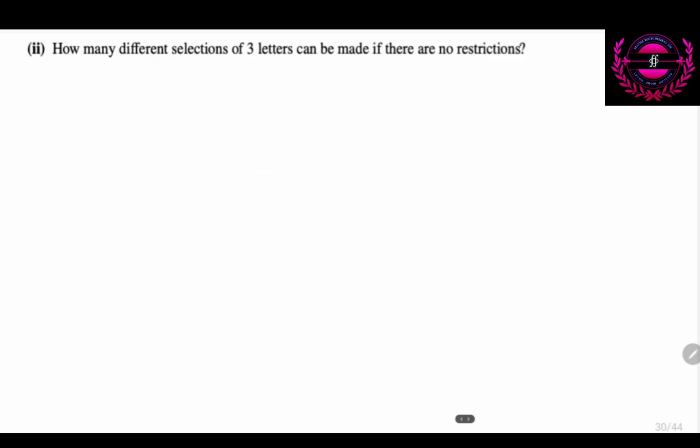Let's move to the next question. How many different selections of 3 letters can be made if there is no restriction? If there is no restriction, then letters can be formed with no L, case 1, 1 L, case 2, 2 L, case 3.